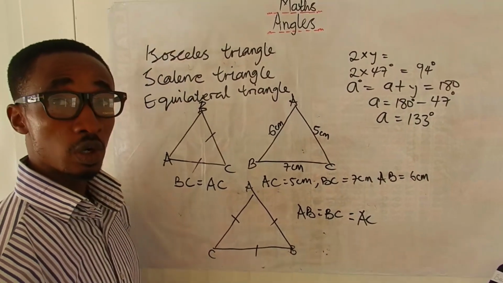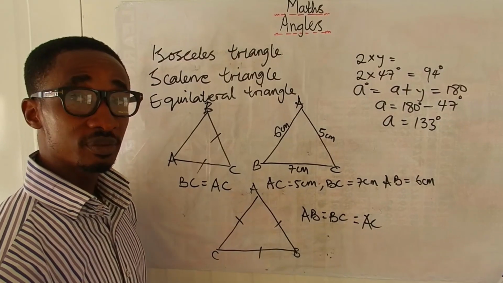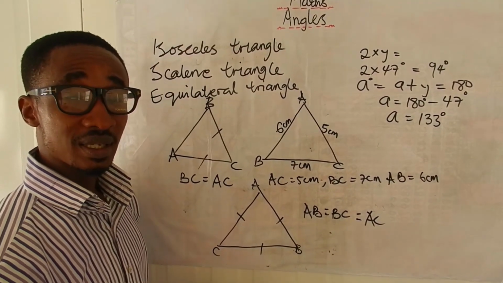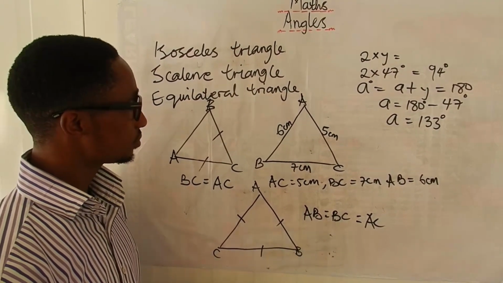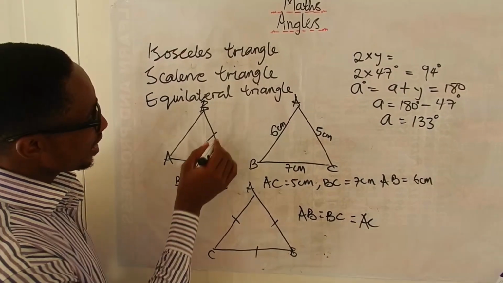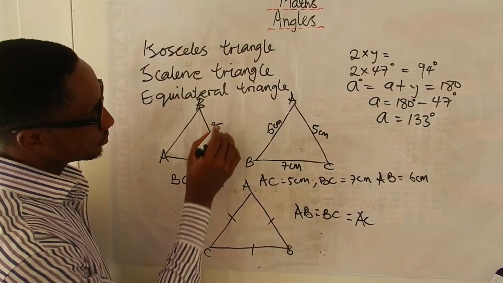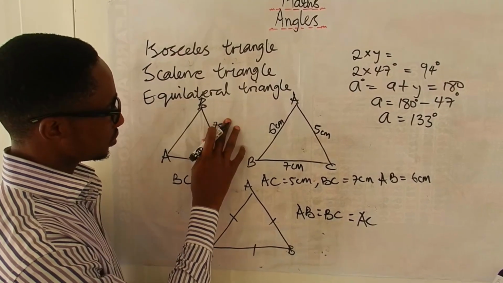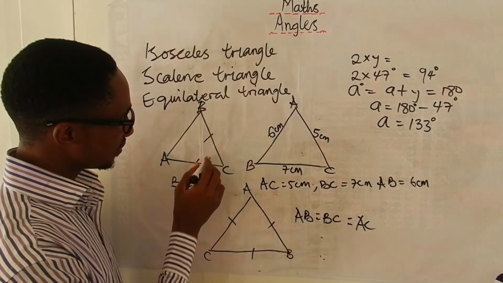Now the assignment was, one angle of an isosceles triangle is 75 degrees. So we can make here 75 degrees. This is the angle, 75 degrees.